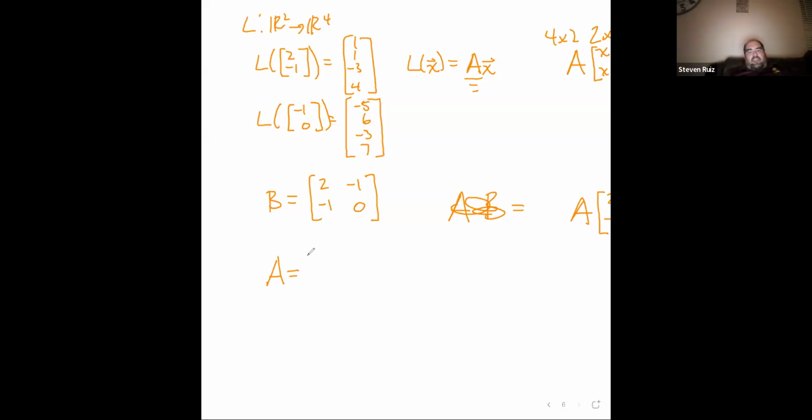If we think about it in terms of the columns that stitch together, A is equal to L of (2, -1) and L of (-1, 0).